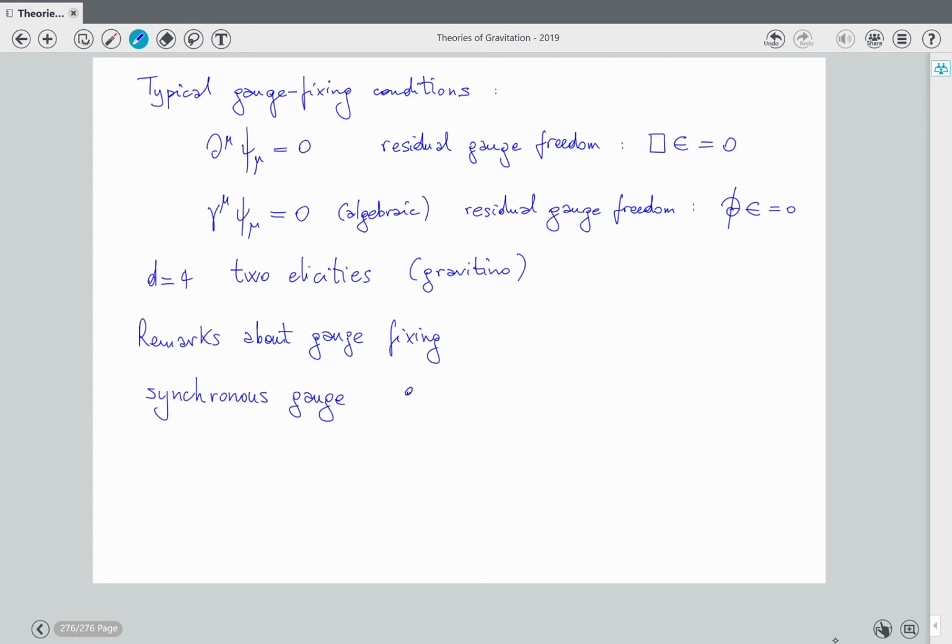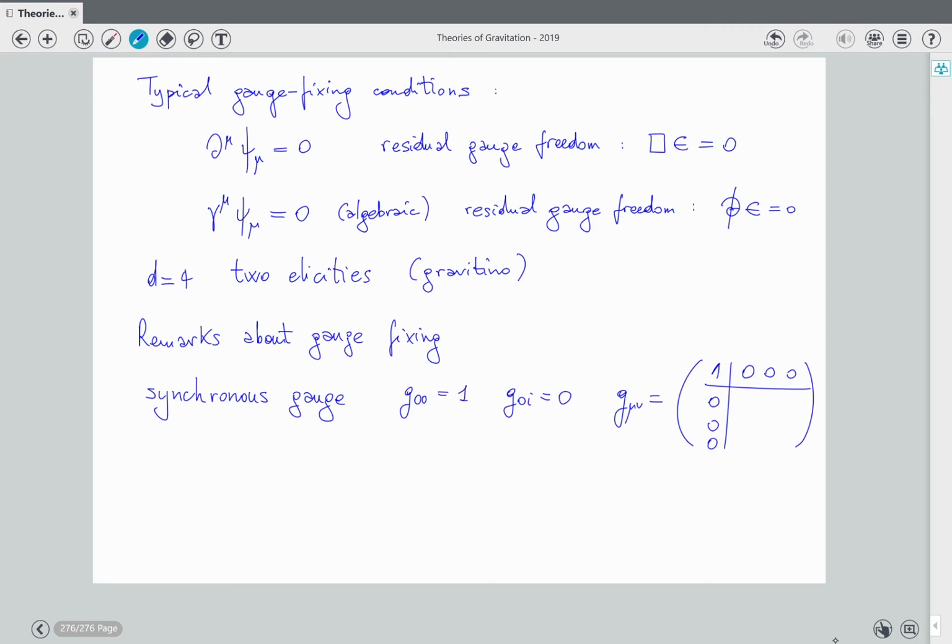That is G00 equals 1 and G0i equals 0. So G mu nu has a space part and 1.